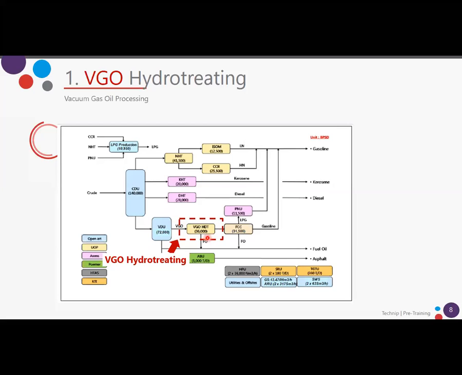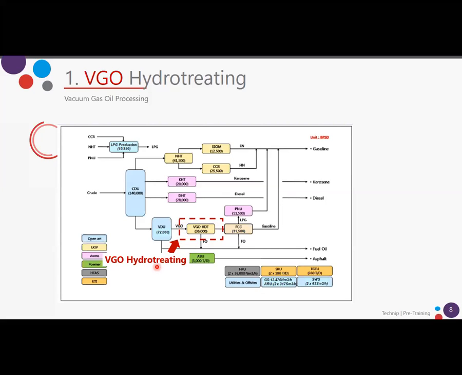Here you will see the capacity, which is 36,000 barrels per stream day. Remember, all the units in this diagram are barrels per stream day. And this unit is an EOP technology unit. So this is where the VGO hydrotreating unit is located in the Carvala refinery.